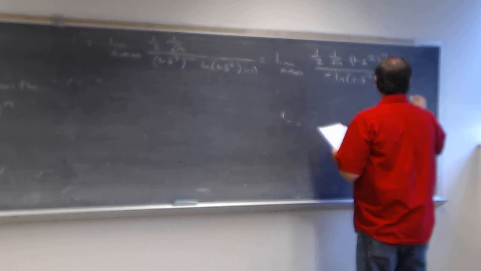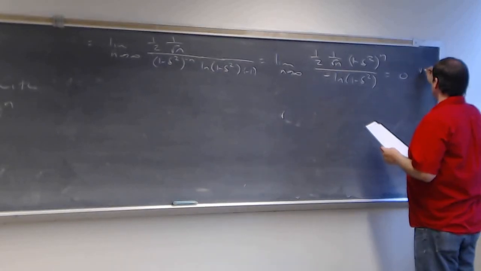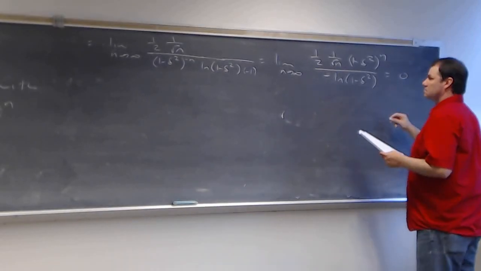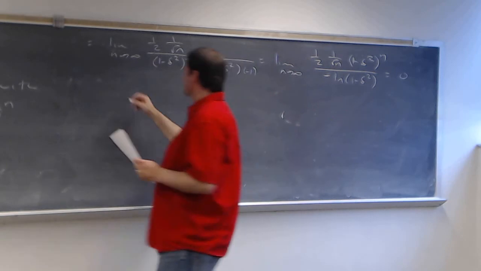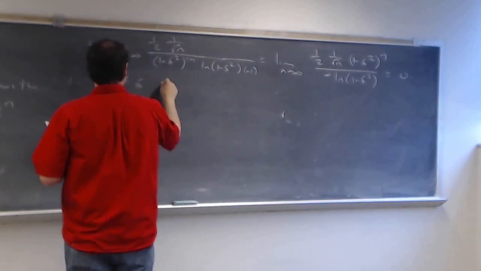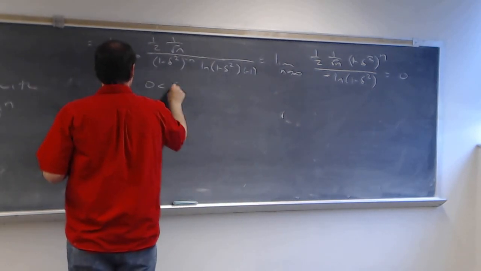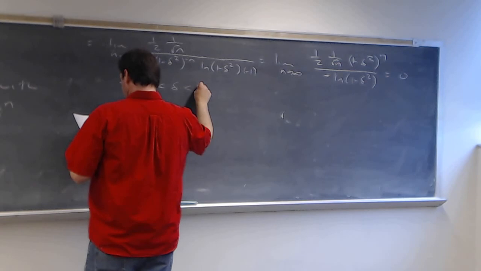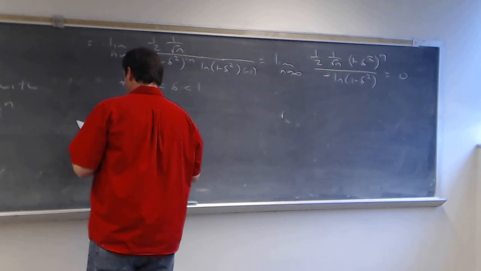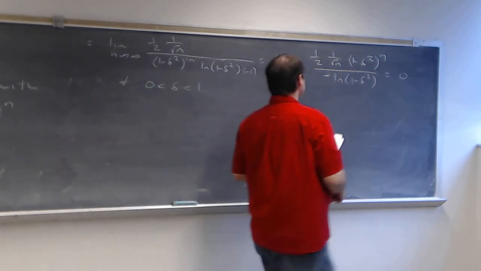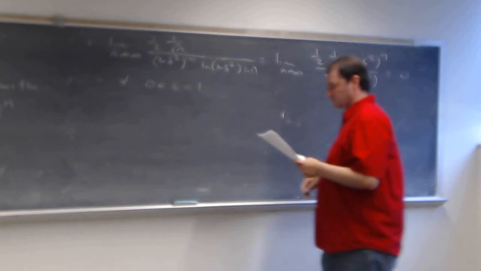And again, that's true for all delta that is bigger than 0, but less than 1. Okay? That's what we got.